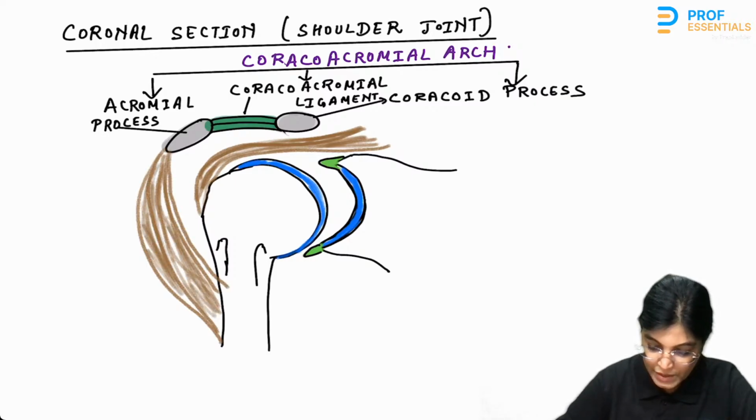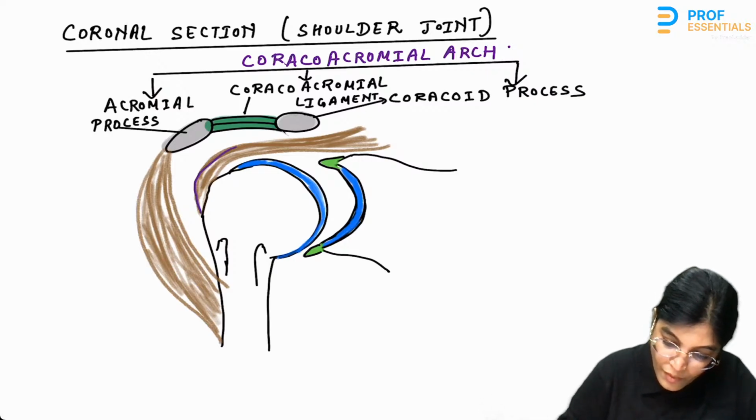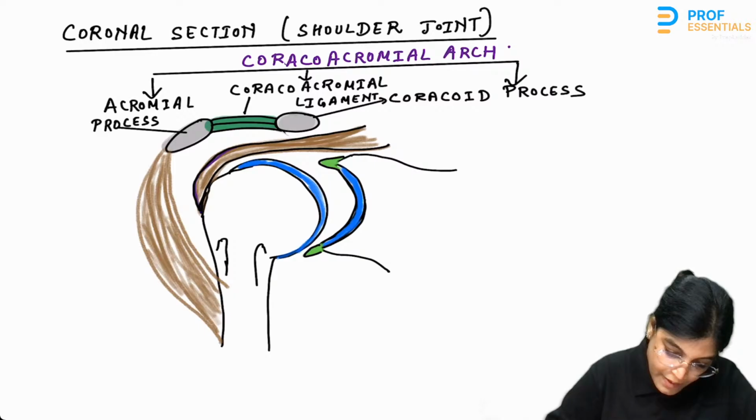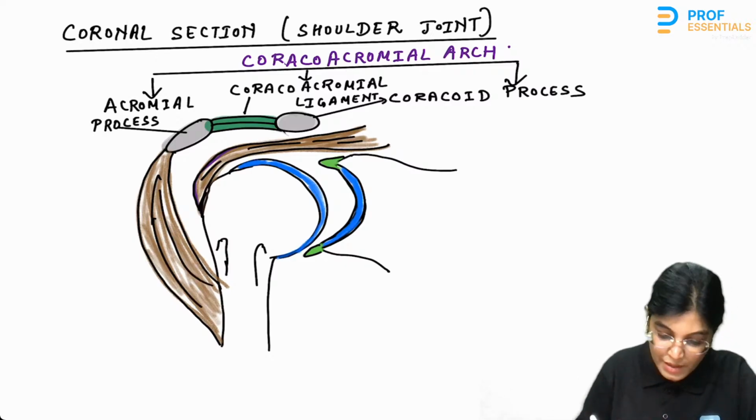These are the fibers of deltoid muscle. Okay, so we can just label it.